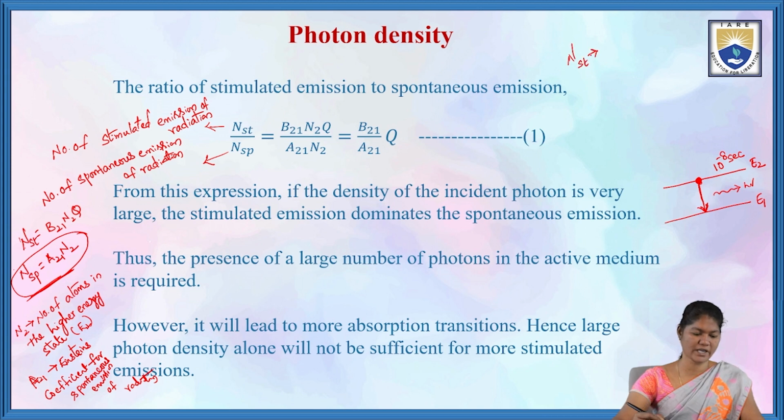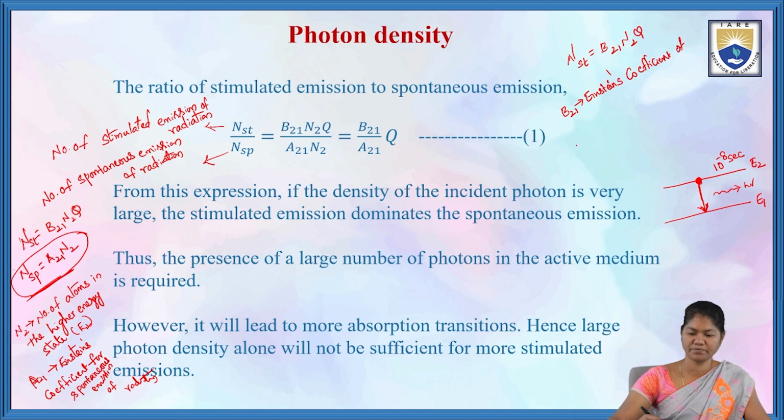NST is the number of stimulated emission of radiation. NST is equal to B21 into N2 into Q. B21 is the Einstein's coefficient of stimulated emission of radiation.